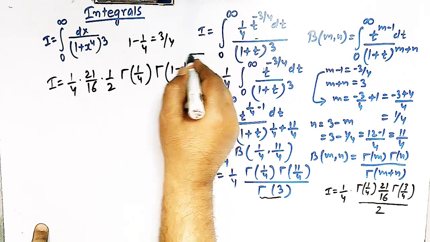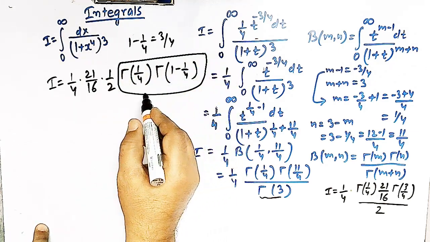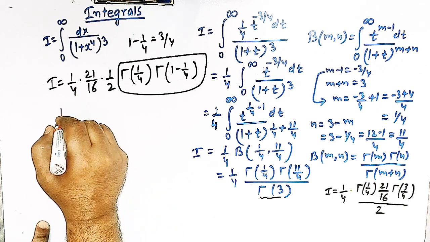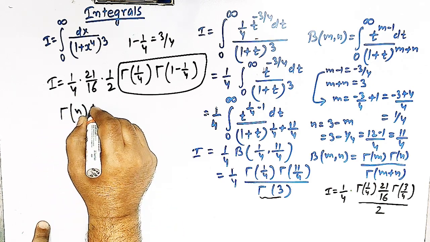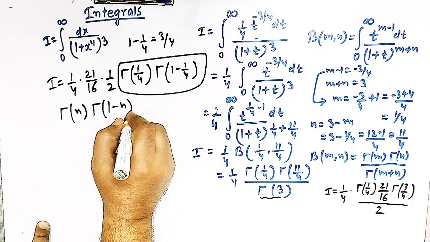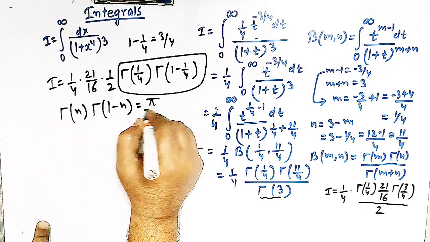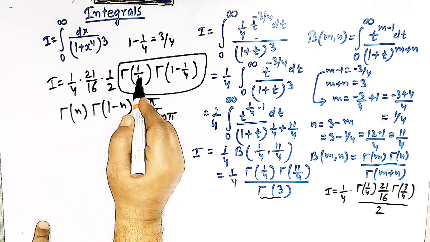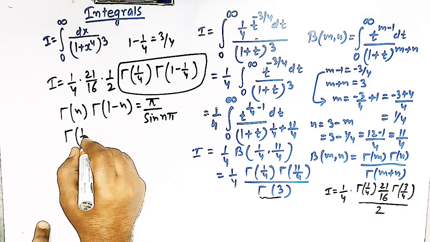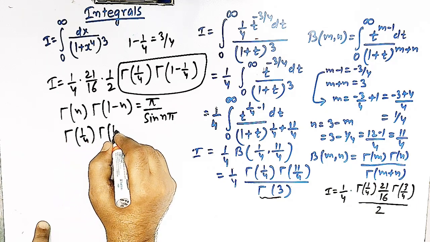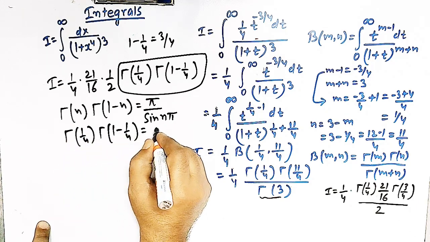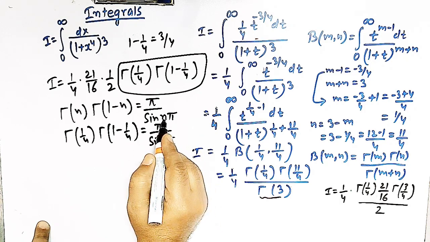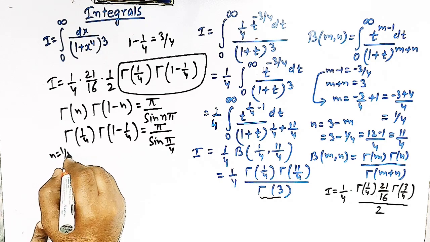So now the value of this expression can be obtained by using Euler's reflection formula, that is gamma n times gamma 1 minus n is equal to pi divided by sine n pi. So taking n is equal to 1 over 4, we have gamma 1 over 4, gamma 1 minus 1 over 4 is equal to pi divided by sine pi over 4.